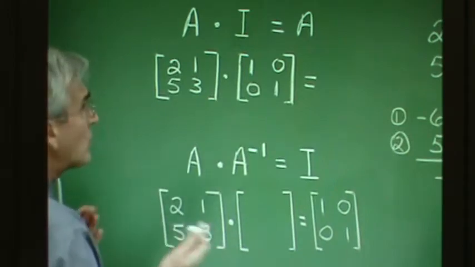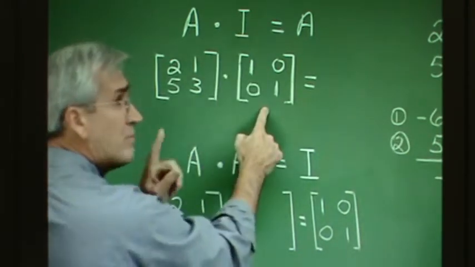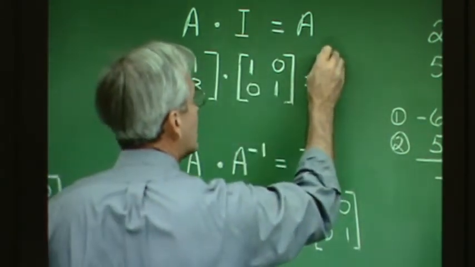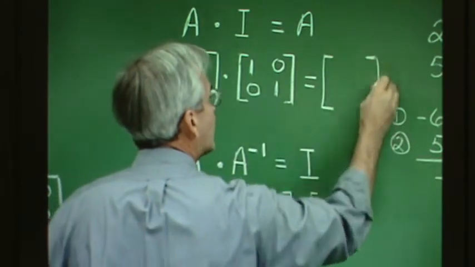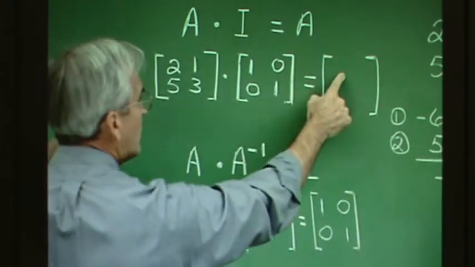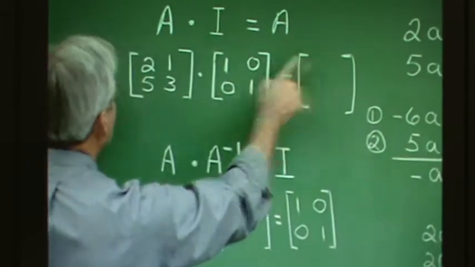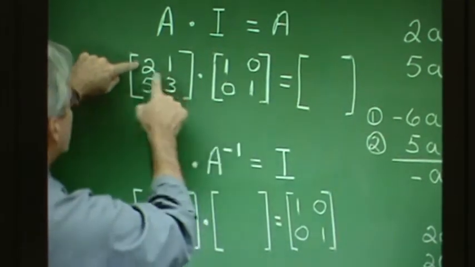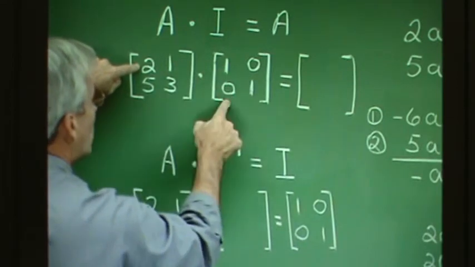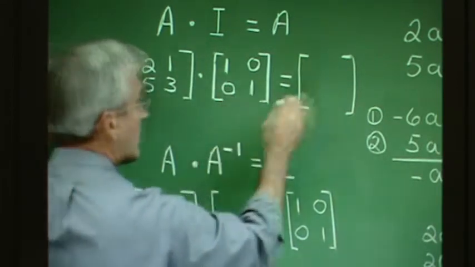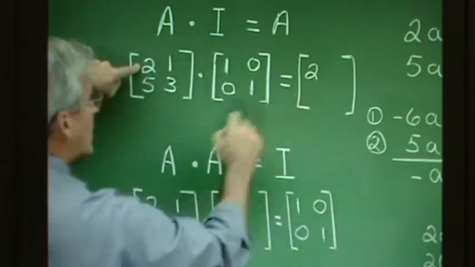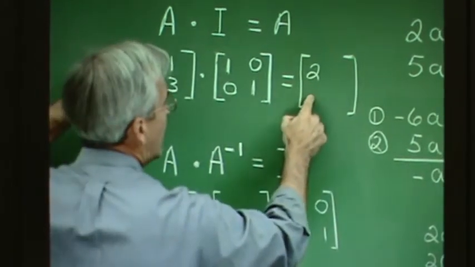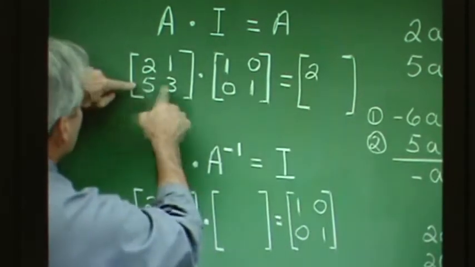All right, and this works as an identity matrix because of the nature of the multiplication. Now think about that. For this entry, we're talking about first row, first column. So we multiply along the first row times the items in the first column here. So 2 times 1, 2, and then 1 times 0, 0. 2 plus 0 is 2. And then down here, we're talking about second row, first column.